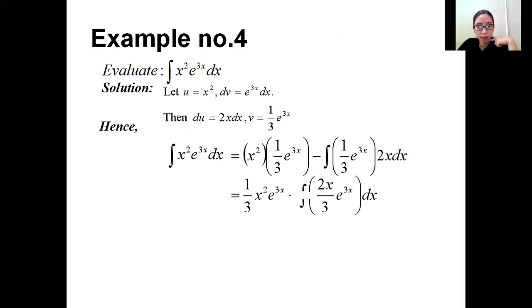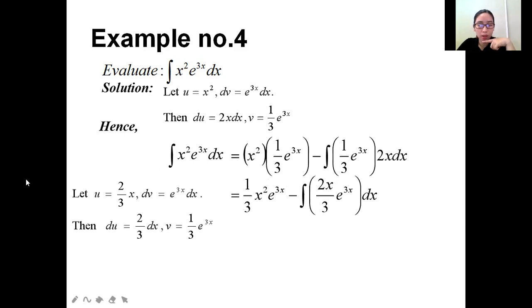So, let's simplify it. We now have 1/3 x squared times e to the power of 3x minus integral of 1/3 times 2x is 2/3 x times e to the power of 3x dx. So, another IBP to be solved.